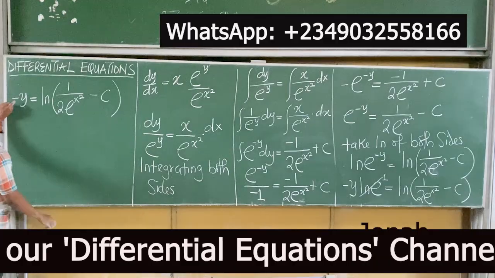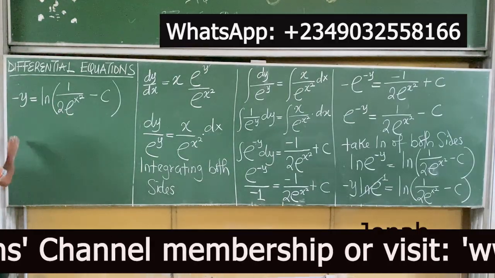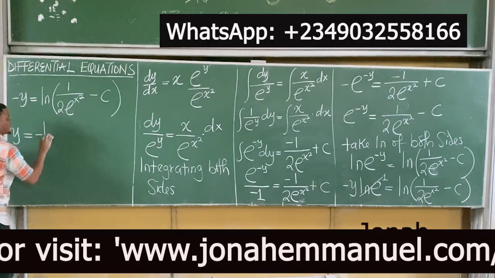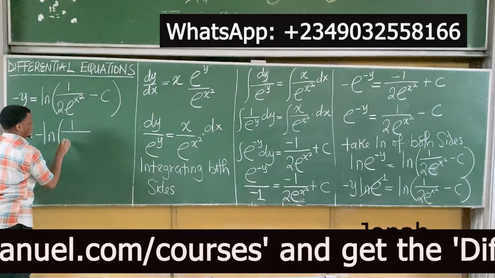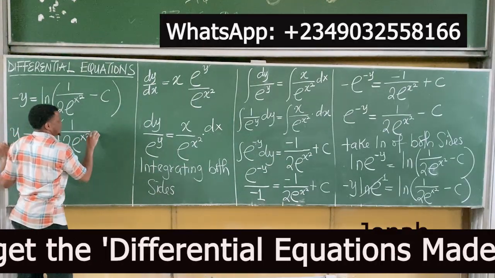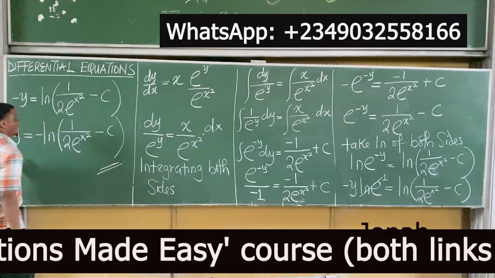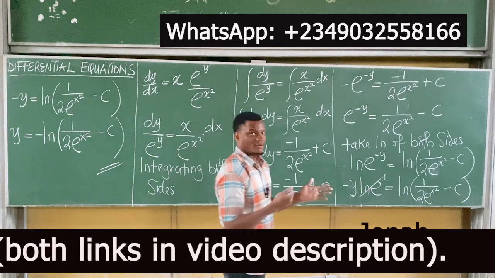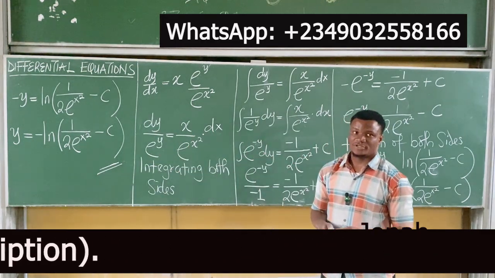To get y, what do we do? Multiply by negative. So y will now be equal to negative ln of 1 all over 2 exponential x squared minus c. This becomes the answer of the question. All right, so that's how you solve this question.